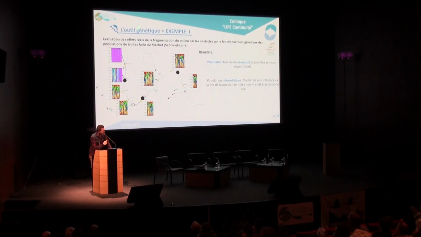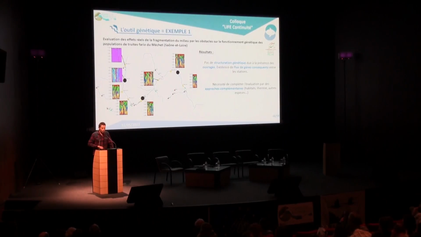It is due to the natural flow. So we have an isolated population, a population which is intermediary and influenced by the isolated population and the downstream population, and in the background not a lot of genetic structuration due to anthropic structure.